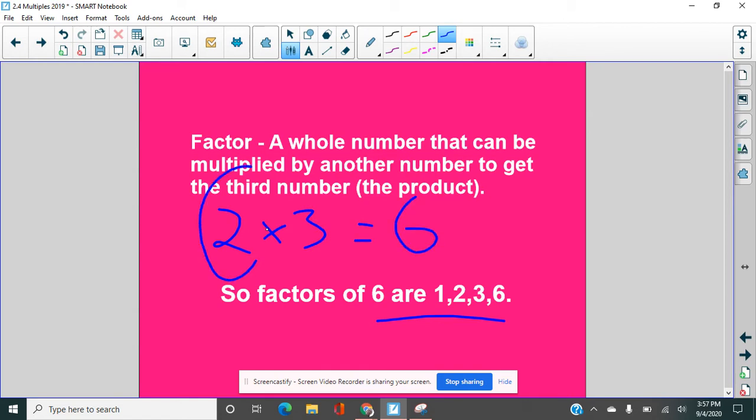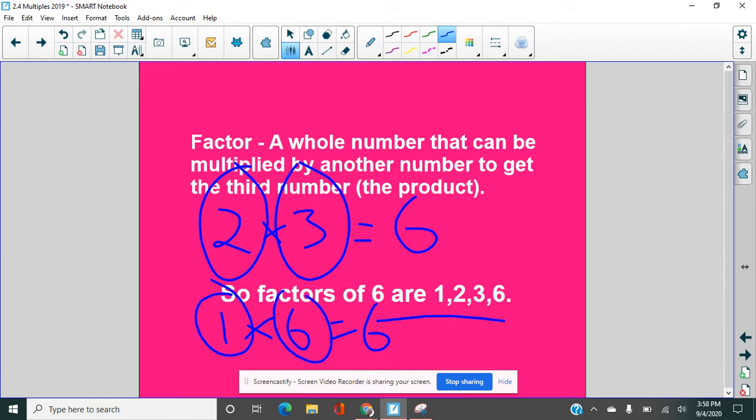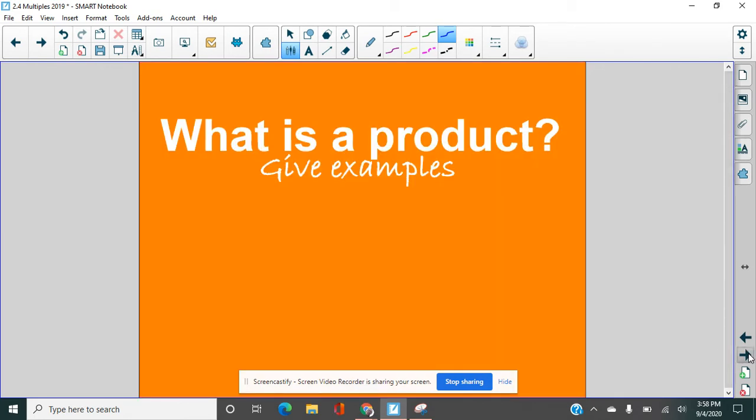So the factors in this problem are the 2 and the 3. We could also do 1 times 6 equals 6. The factors are 1 and 6, right? The numbers in the front are the factors, and the answers are the products. So that's why you see 1, 2, 3, and 6 on the list. These are factors.